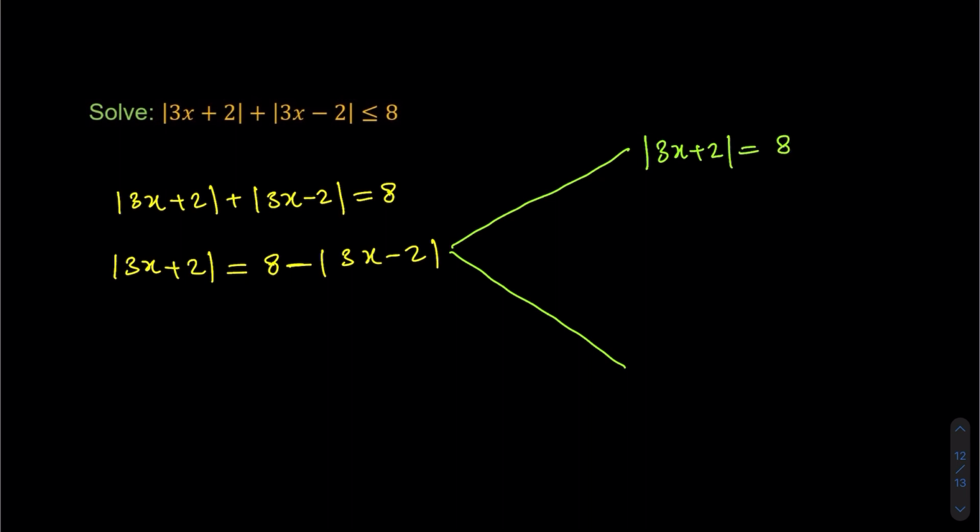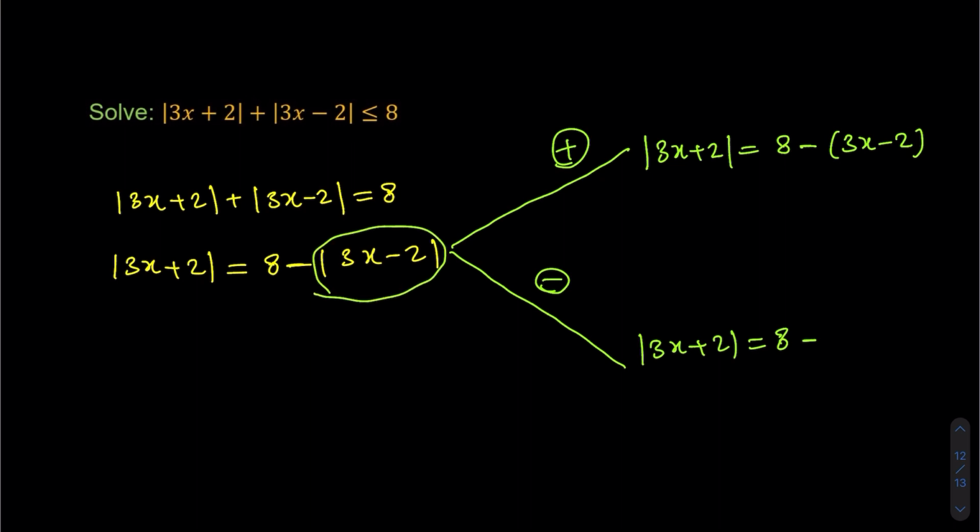So when I want to move an expression out of the absolute value, there are two possible outcomes: either it should be positive, or negative. The positive one will be 8 minus the absolute value of 3x minus 2, okay? And the negative one, it will be the absolute value of 3x plus 2 is equal to 8 minus, so let me just multiply this part by a negative.